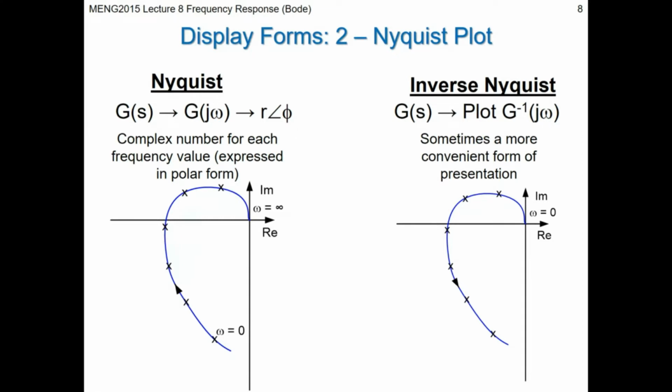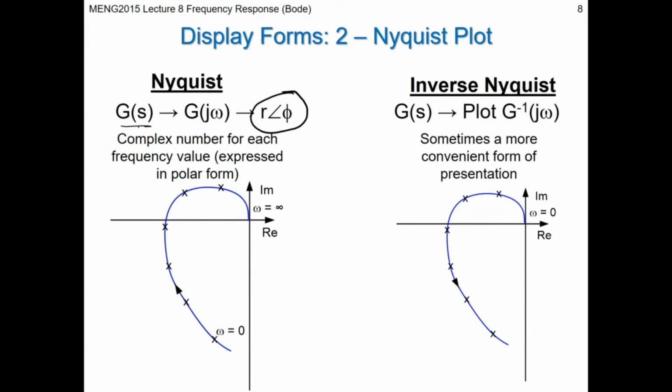Next, let me just introduce you to Nyquist and inverse Nyquist, just to broaden your knowledge. You won't be required to actually plot these, but you should know about them. So Nyquist uses this polar form, or the vectorial form of our complex number.